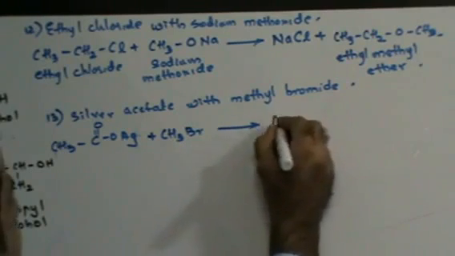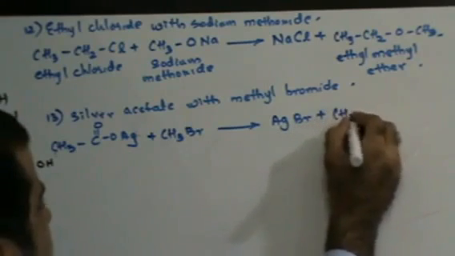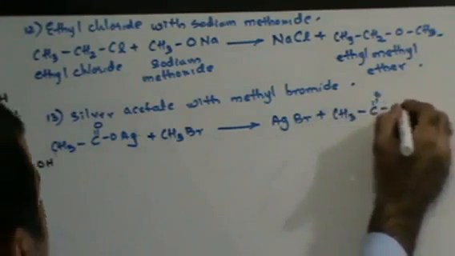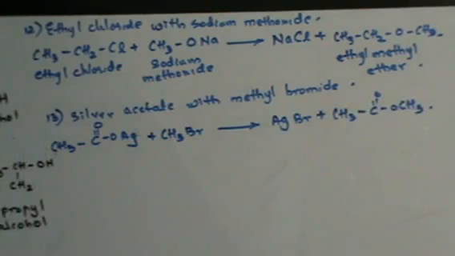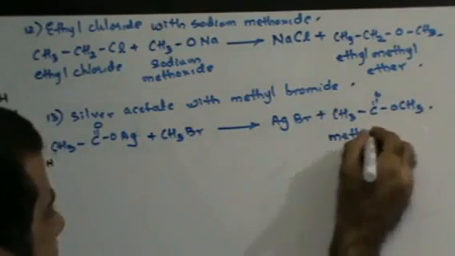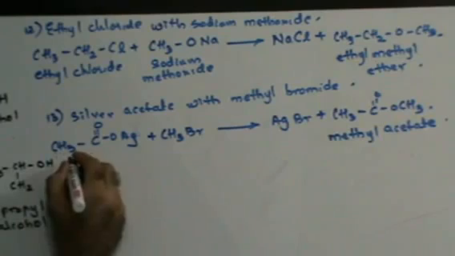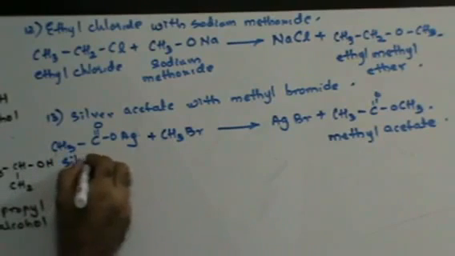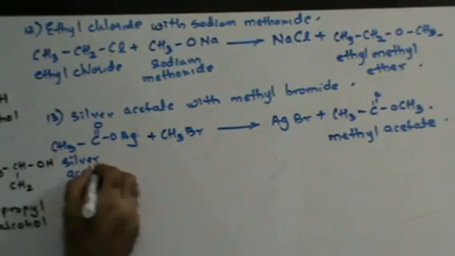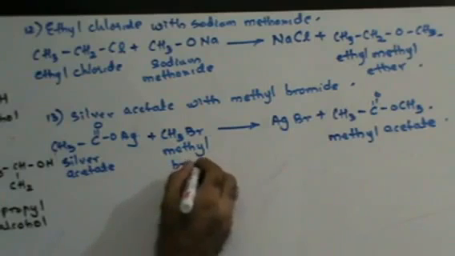You will have AgBr, silver bromide, plus substitution reaction, you will have CH3COOCH3, right? So in that case, CH3 is methyl, CH3COO is acetate group, you will get methyl acetate. This is silver acetate, methyl bromide.